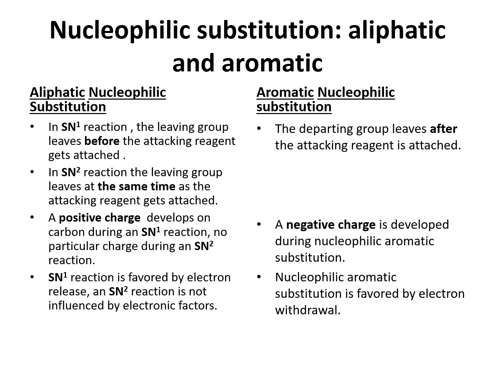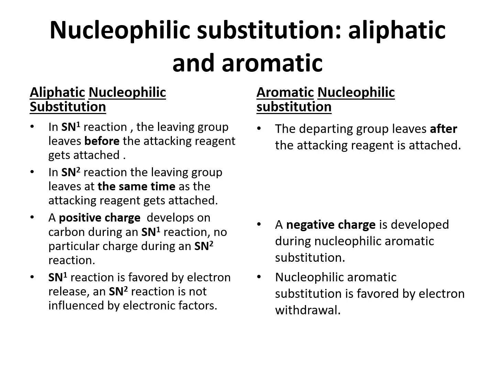Now we can make a comparison between nucleophilic aliphatic substitution and nucleophilic aromatic substitution. As we know, in nucleophilic aliphatic substitution there are two mechanisms, SN1 and SN2. In nucleophilic aromatic substitution also two mechanisms are there: the bimolecular displacement mechanism and the benzyne mechanism, or elimination addition mechanism.